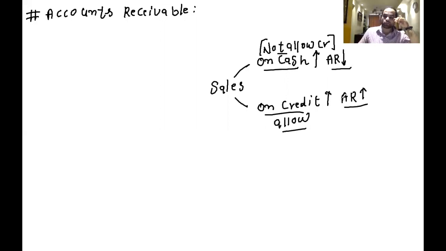All right. So that's what we're going to study here in B: the company allows credit and does not allow credit.